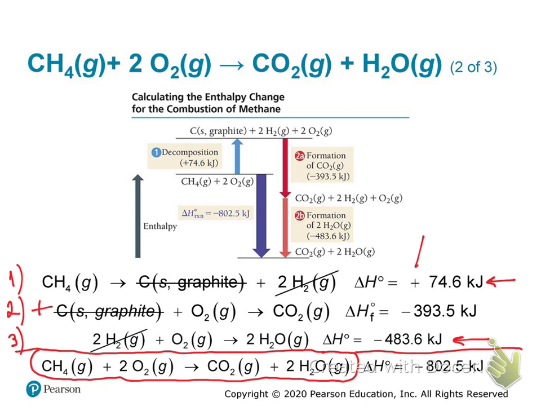So notice that this sign here changed from negative to positive. And notice that the numerical value of enthalpy for reaction number 3 has been doubled. So summing all these changed enthalpies, we get a value of negative 802.5 kilojoules.